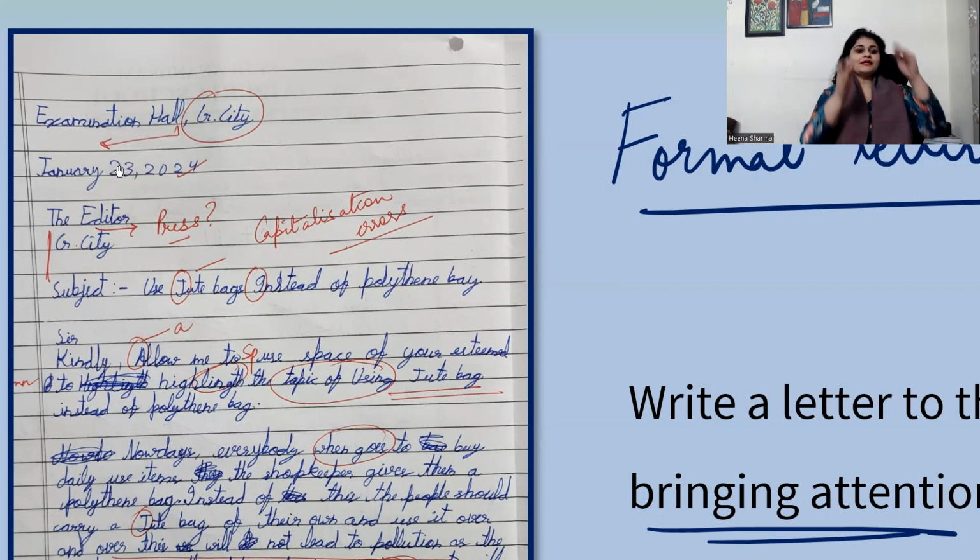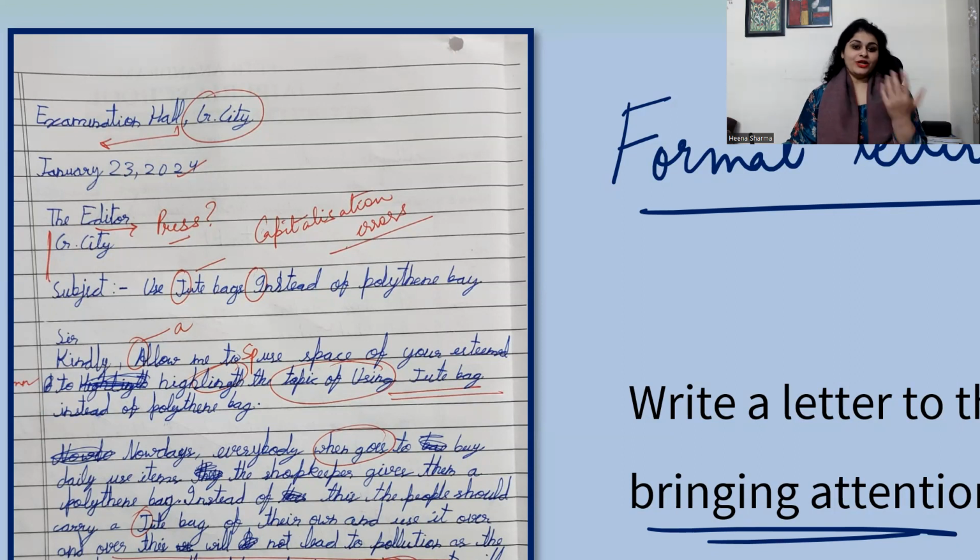The format is examination hall, and then below that, the place, which could be G City, which could be New Delhi, which could be any other place you want. Then, leaving one line, which the child has left, you come on to writing the date, which is in American format. That's perfectly fine.